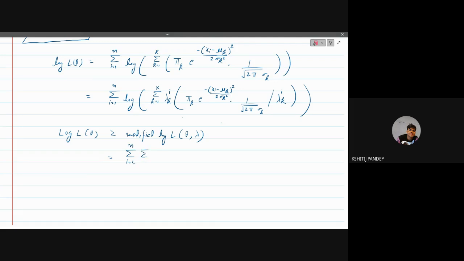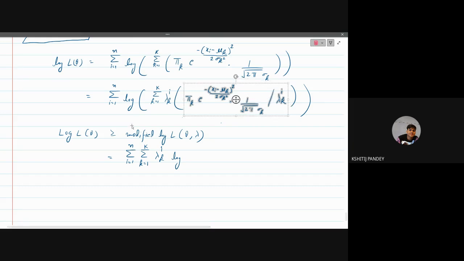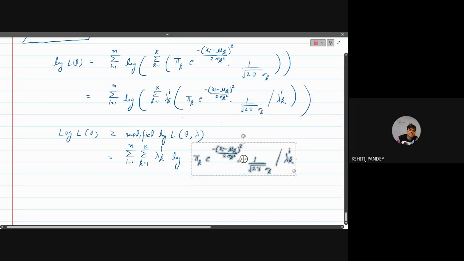Then for each value of i, you have summation over values of k from 1 to capital K. Then you have lambda ki times log of the same thing, this numerical value here. So I'll simply copy it. Log of this.